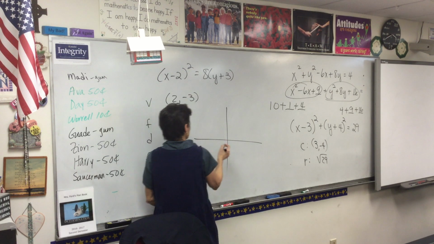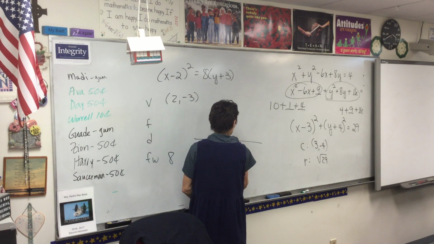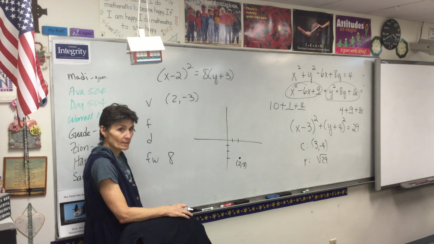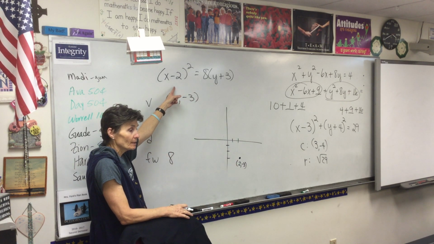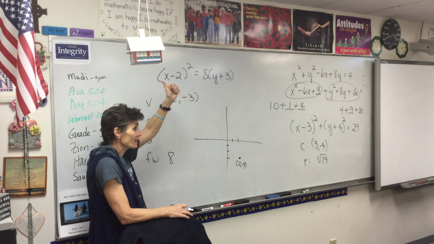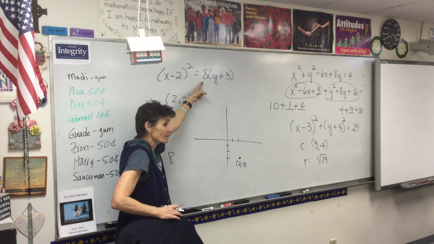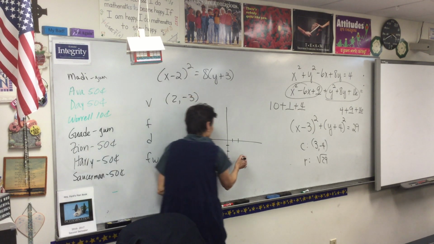So my vertex you said was at 2, -3. There it is. Now here's the key. Which way does it open? Up. I know it's up because it's x squared and that number is positive. So it opens up.